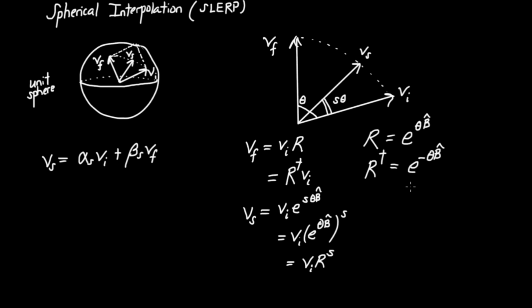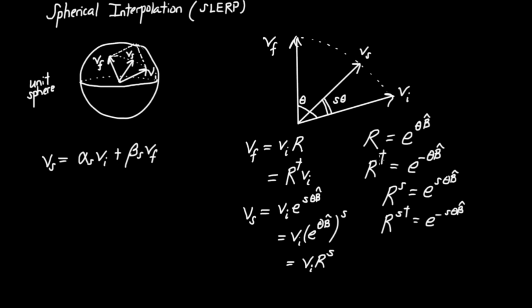So let me write this over here. We have r to the s power is equal to e to the s theta b hat. And just like r has a dagger rotor, this also has a dagger rotor, which is just going to be the conjugate. So r to the s dagger is equal to e to the minus s theta b hat.